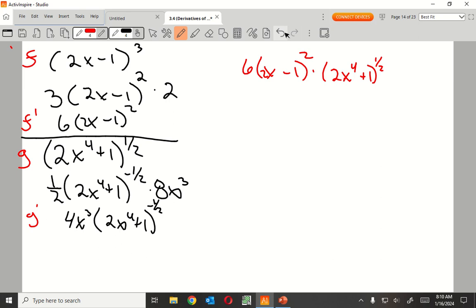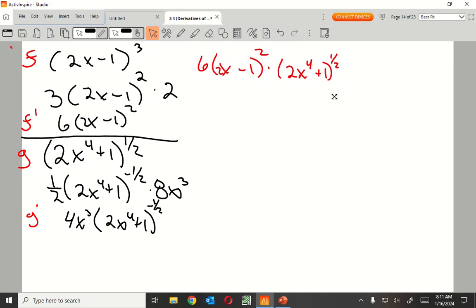And since this is product, what symbol goes next?